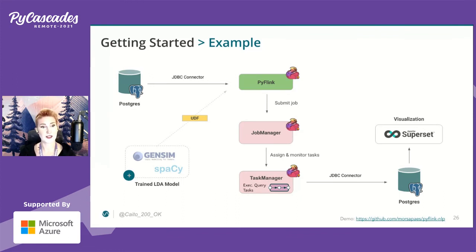But in order to really get the most out of it, she wanted to use PyFlink to more effectively analyze and sort topics into some of the more common questions we receive and be able to get some more meaningful data out of that. So as an overview, she started with a couple of prerequisites around model training, wrote a 5-step PyFlink pipeline, and then connected it to Superset in order to visualize the output.